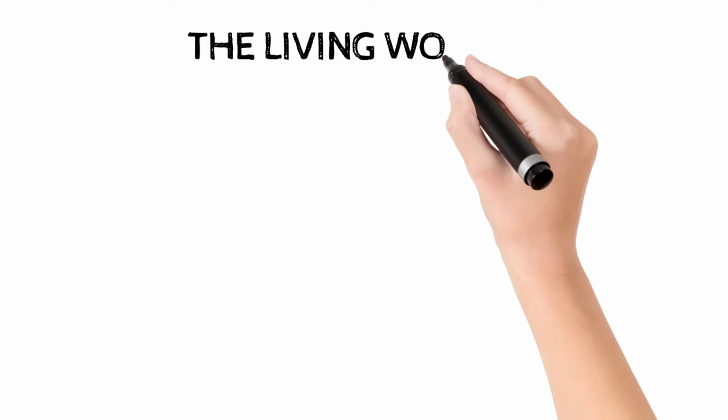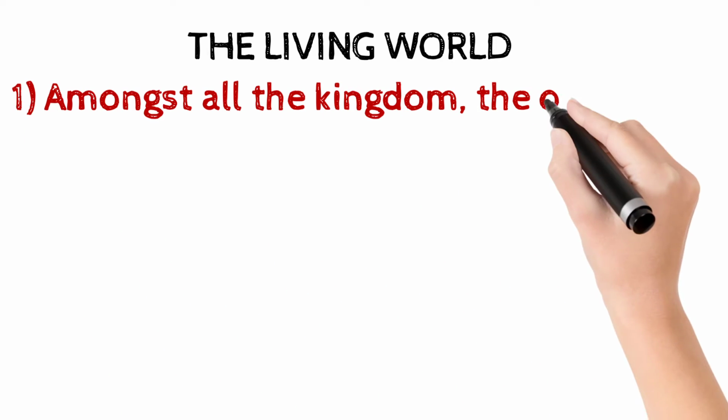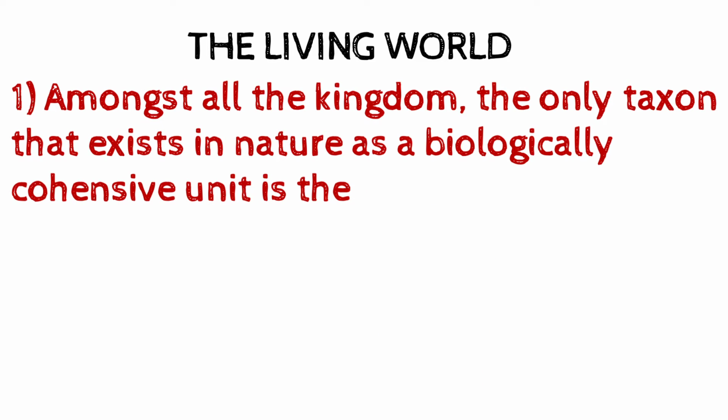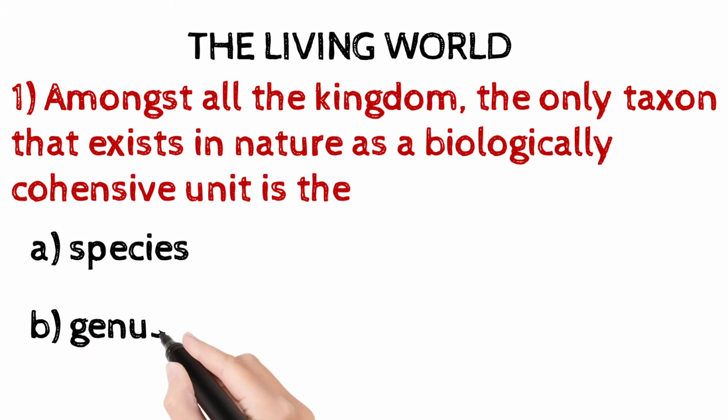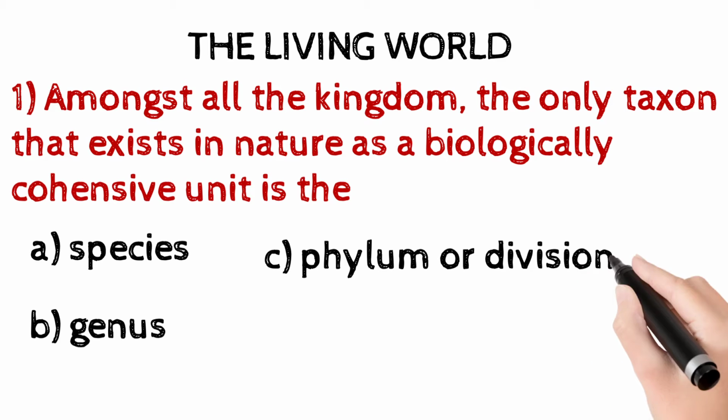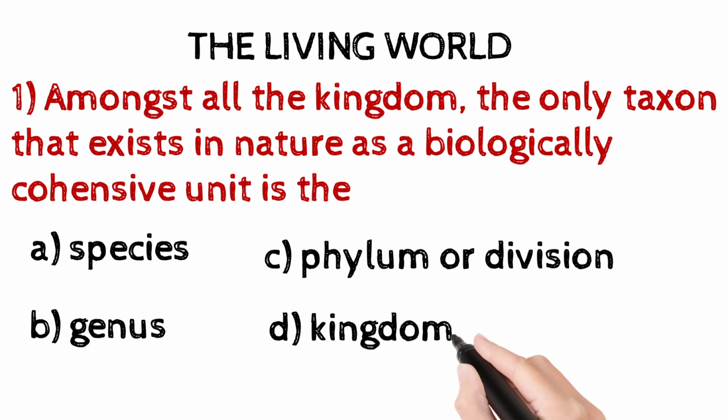Here I am going to ask you 10 questions from the chapter The Living World, Biology 11th NCERT. So, the first question is, amongst all the kingdom, the only taxon that exists in nature as a biologically cohesive unit is the A. Species, B. Genus, C. Phylum or division, D. Kingdom.